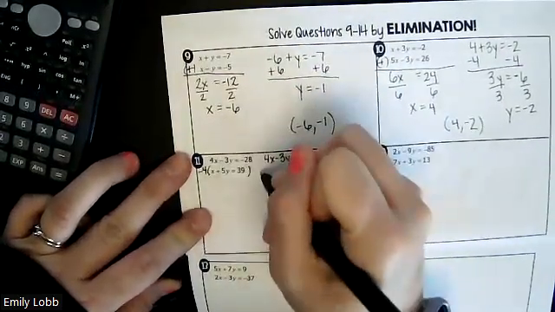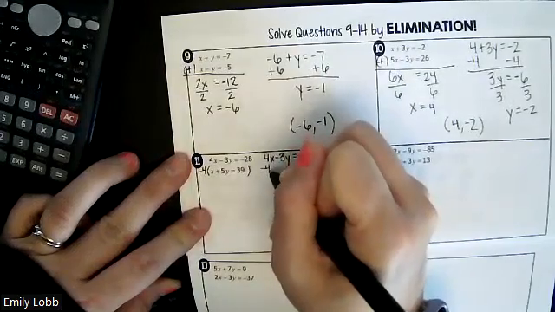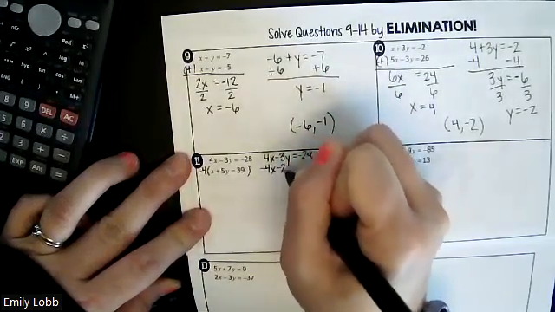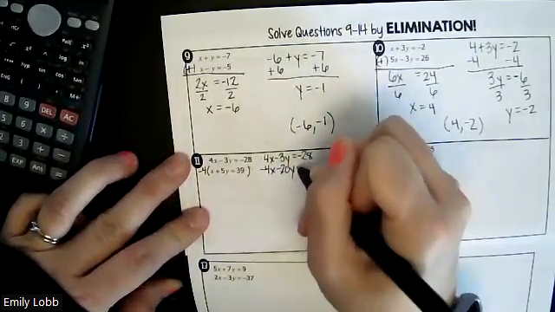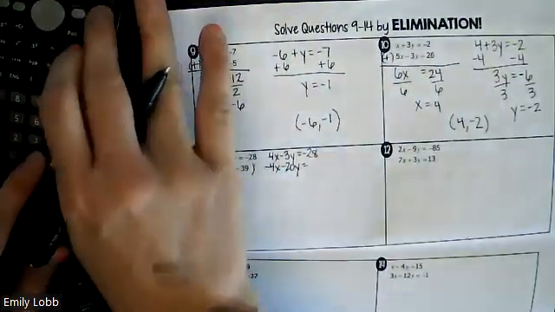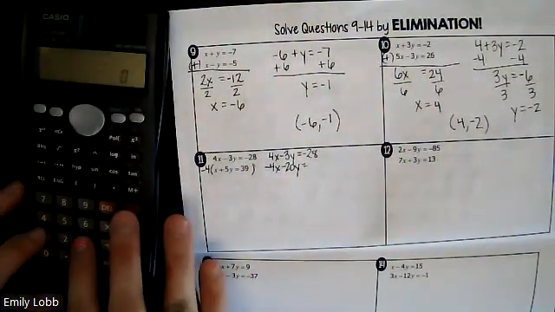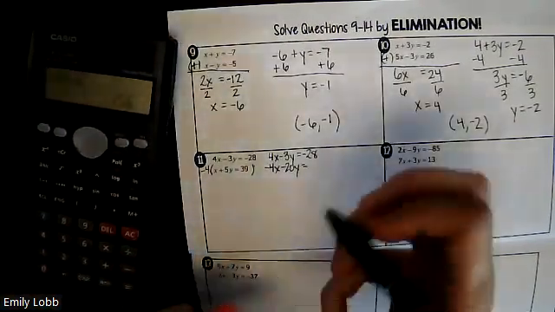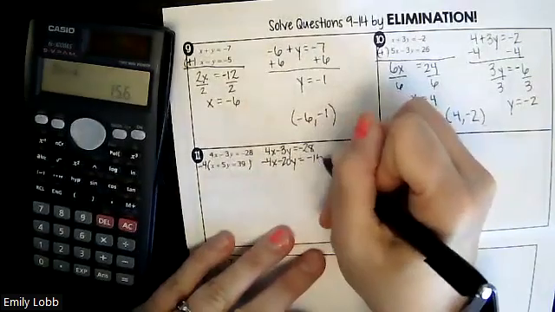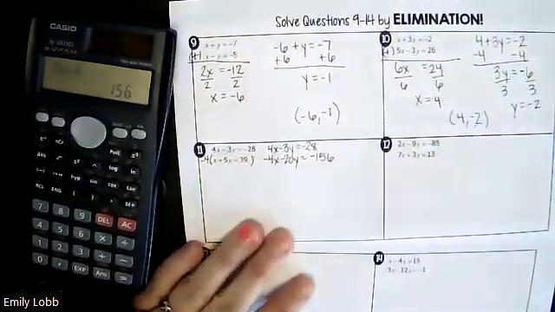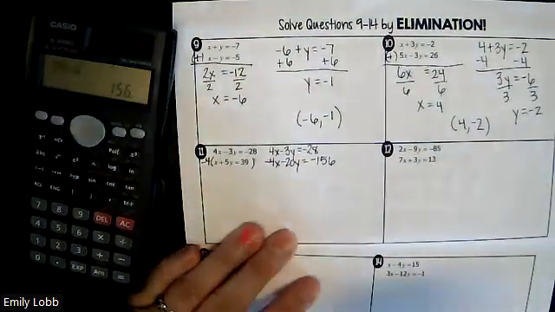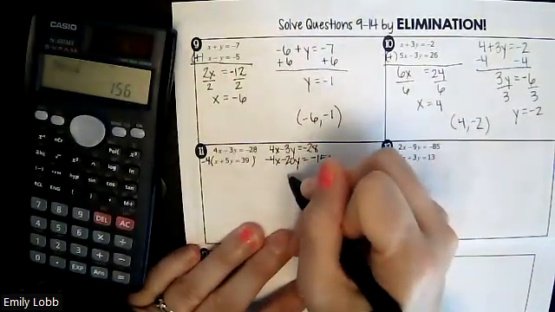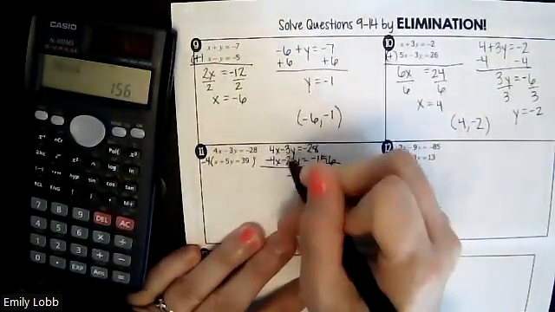And then distribute. So negative 4x minus 20y equals 39 times 4. Oh, negative 4. So it's negative 156. All right, so my x variables go away. I'm adding these up, sorry.